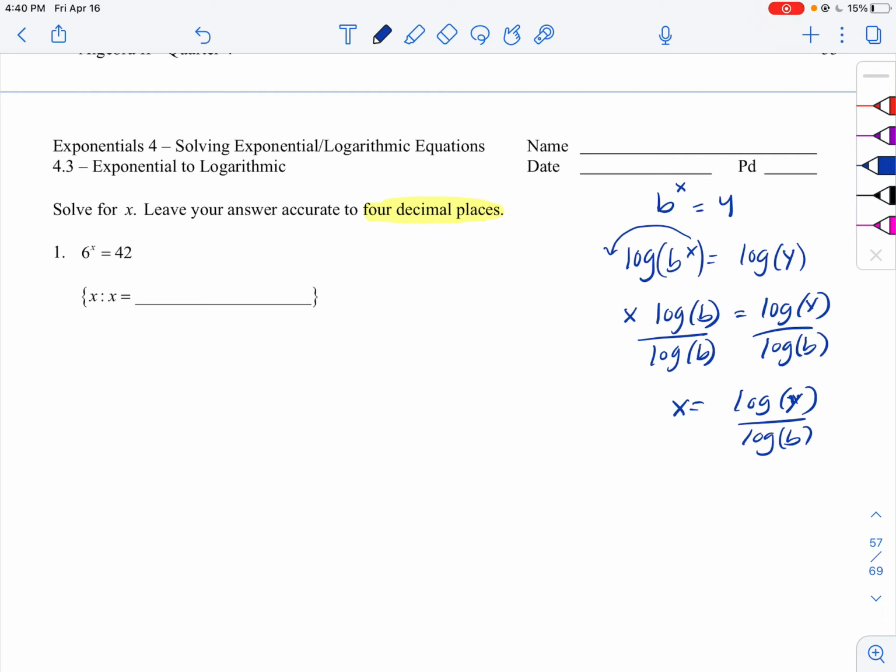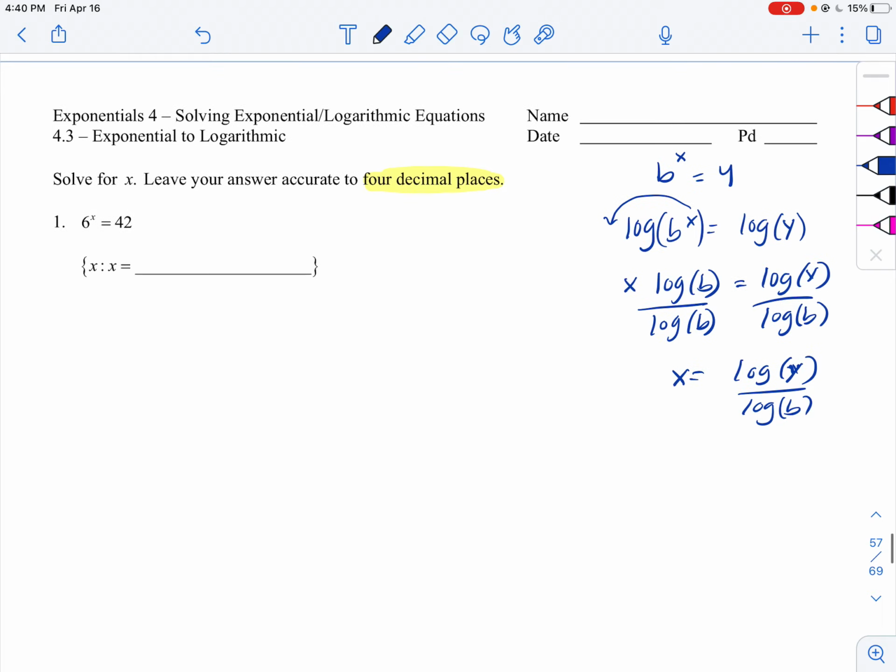First, 6 to the power of x equals 42. Since they don't have the same base, I cannot use the strategy where I just focus on the exponents. So in this case, I'm going to insert log on both sides. Just write exactly what it is, but instead of just the numbers, I'm putting log before them.